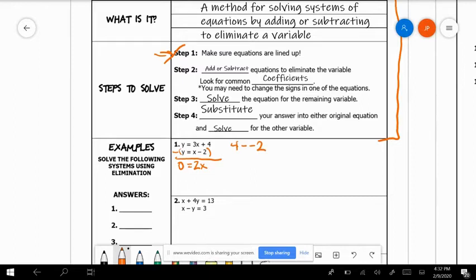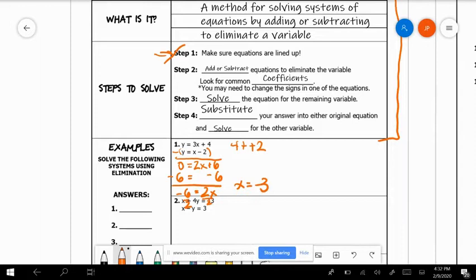If I'm taking 4 minus negative 2, that's actually going to turn into a positive 6. So I got 0 equals 2x plus 6. And now, that's an equation that I can solve. I just have one variable, so I'll take away 6 from both sides. And now I can divide by 2. And when I do that, I get that x equals negative 3.